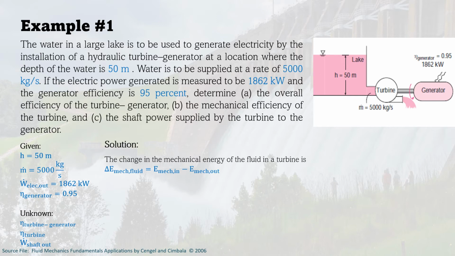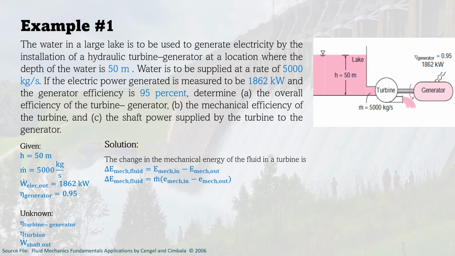Take note that for a turbine, the input from the water, the power that we can harvest from the water, usually called water horsepower, minus the mechanical energy output, which can be measured by the rotation of the shaft. So the input is on the input side of the turbine, the output is here in the shaft. So that's the change in the mechanical energy of the fluid.